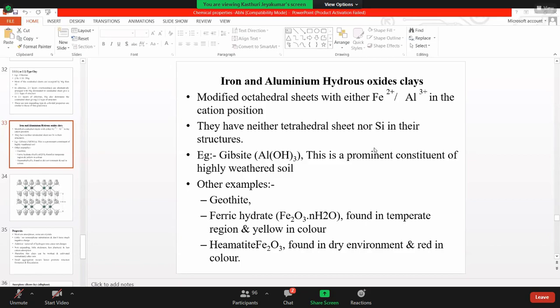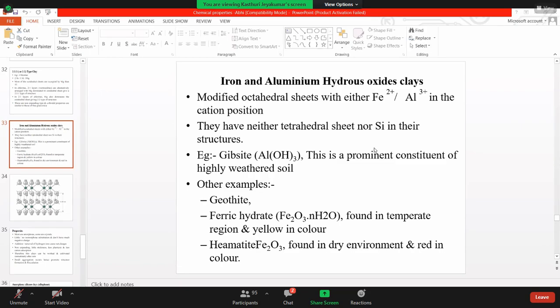This is a prominent constituent of highly weathered soil. Other examples are goethite, ferric hydrate, Fe2O3.nH2O, found in temperate regions and yellow in color. Hematite, Fe2O3, found in dry environments and red in color.